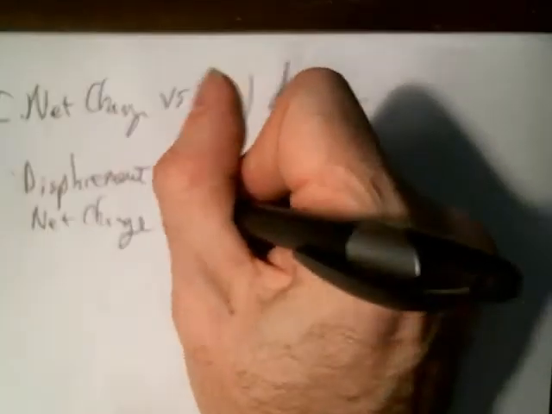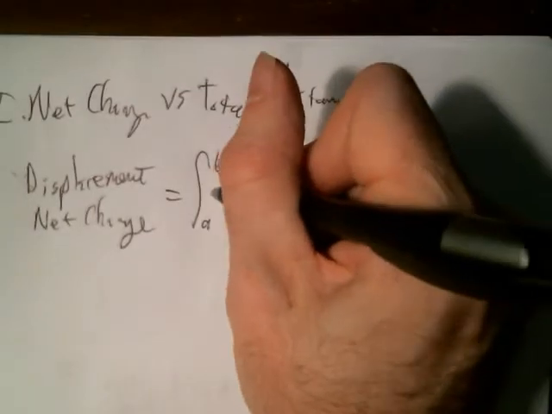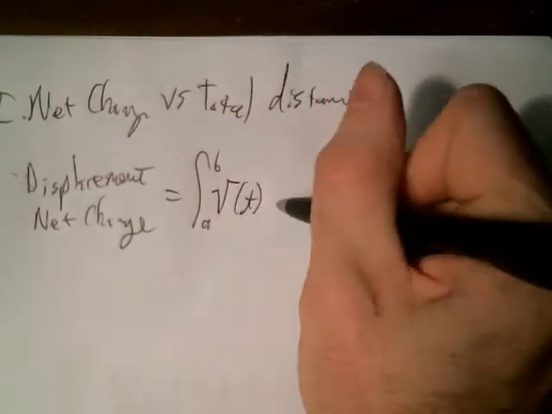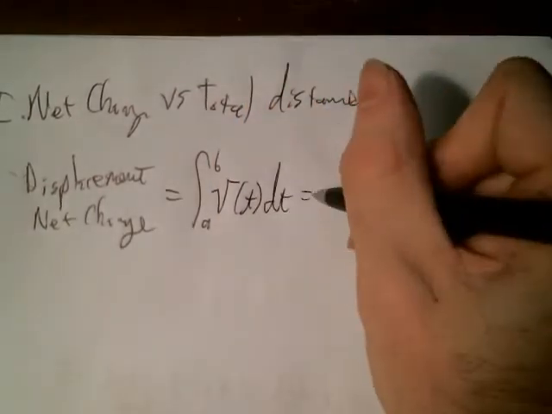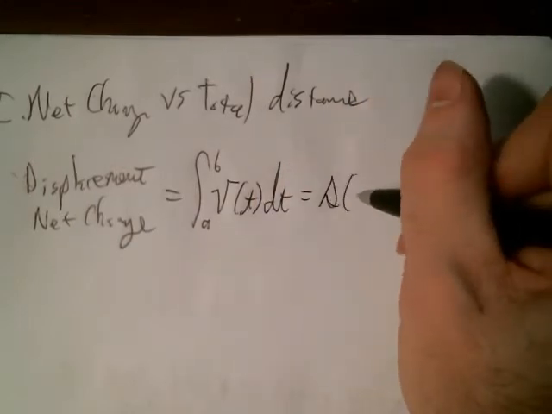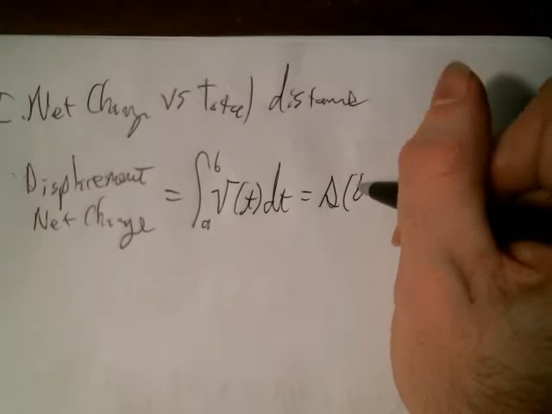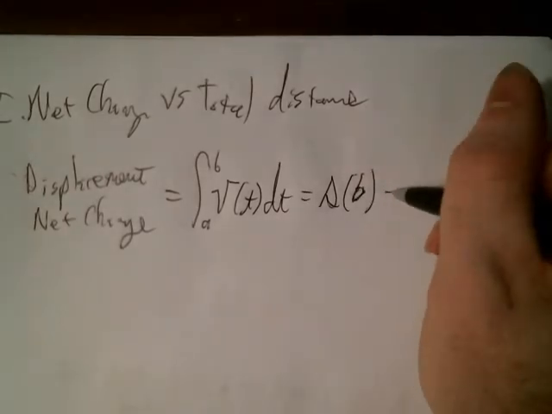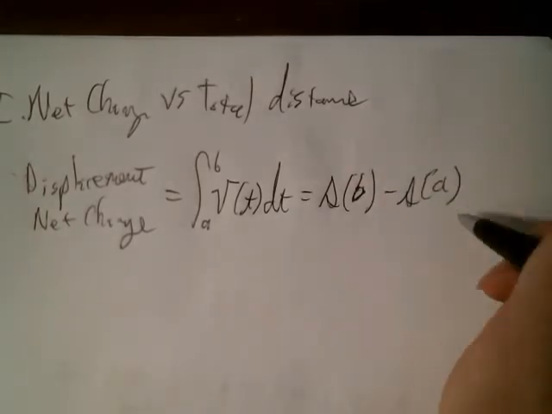And that'll equal the integral from a to b of the velocity function, which will be, the antiderivative of the velocity is the position function. So we'll have s of b, which is your finish point, minus s of a, which is your starting point.